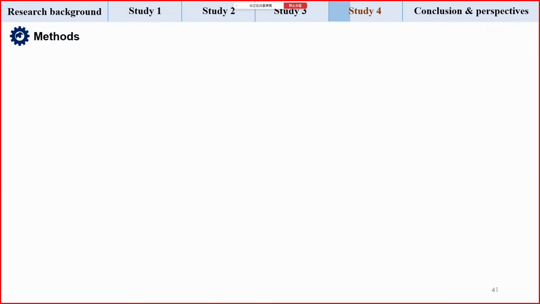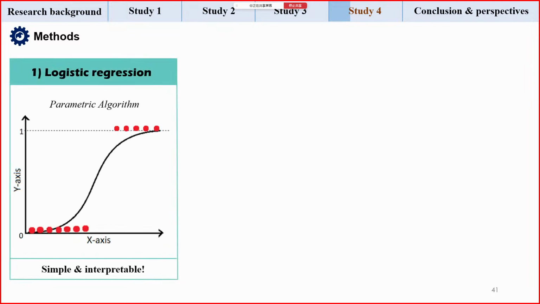In this study, we use 5 machine learning models. Logistic regression maps the linear combination of player features to probabilities through a sigmoid function and offers strong interpretability.